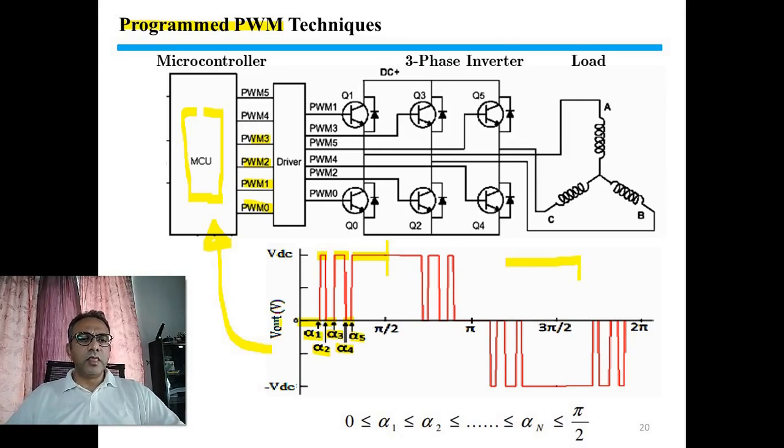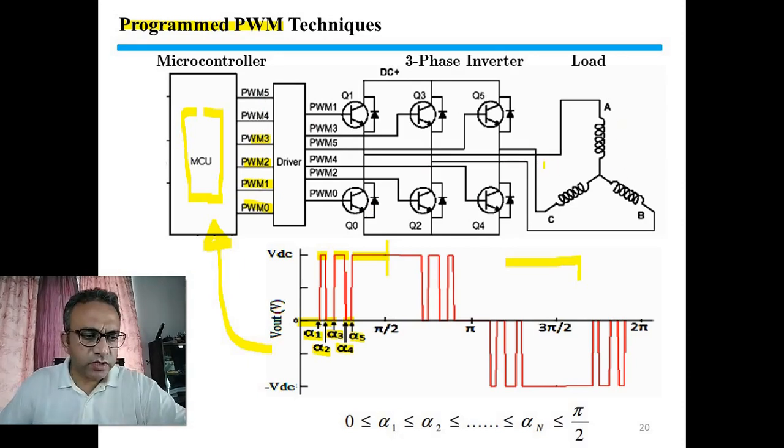We will feed the values of alpha 1 to alpha 5 inside the microcontroller, and we will allow the microcontroller to run in a forever loop. By this way the microcontroller will continue operating the 6 control signals, and the driver will continue to turn on or off our 6 power electronics devices, and as a result we will have 3-phase output to the load.